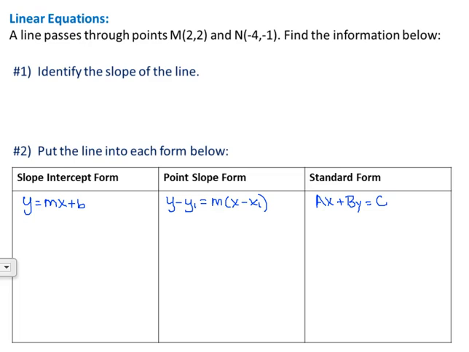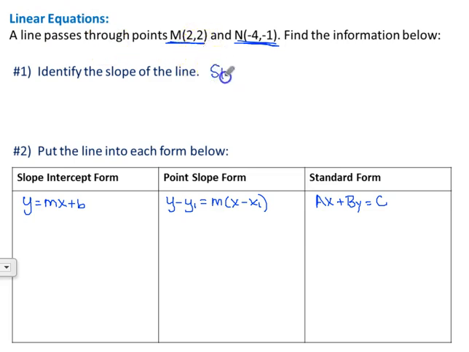So we're going to take a line that passes through point M that has coordinates (2, 2), and point N, which has coordinates (-4, 1), and we're going to put that line into those 3 different forms. In order to do that, the first thing we want to do is identify the slope, because in each of our forms, it helps when we know the slope. So let's go ahead and find the slope. Click pause and find the slope between these 2 points. It's good practice. So click pause and find the slope on your own.